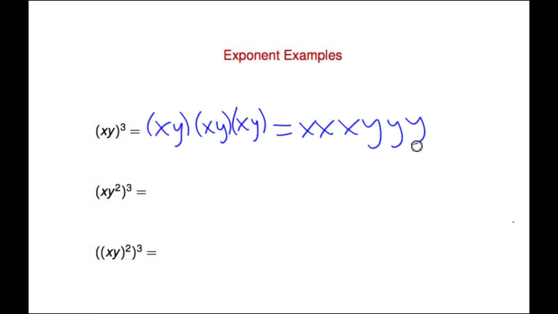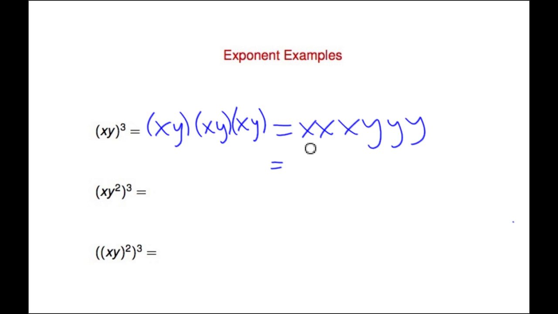And now we've already talked before about how to treat something like this. When you're multiplying things that have the same base, you add their exponents. So over here we have x times x times x. All those things have the same base. The base is x. And so we're going to add up their exponents.